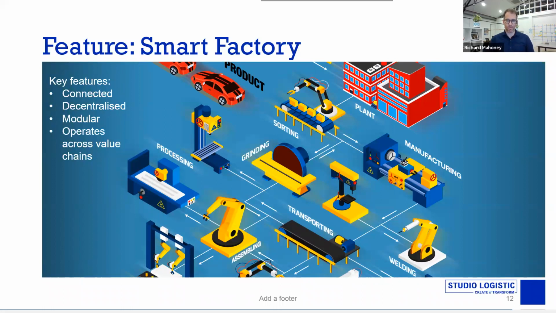Things like predictive maintenance activities, things like really, really fast service levels. Let's say a customer orders something online and it's literally going into the factory within a few minutes of that order taking place, and it's coming off the line a couple of hours later and shipping directly to them. That's where they're trying to get to with smart manufacturing: incredibly fast lead times and incredibly fast transfer of information.